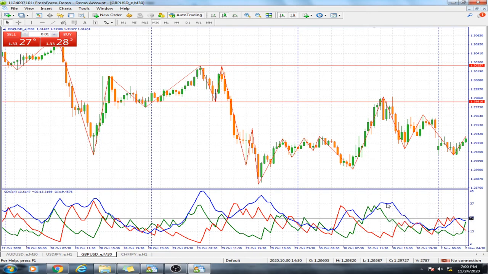As long as the blue line is above the level 25, that means we have a trend. Sorry, it does not mean we are upwards. It basically means we are in a trend.